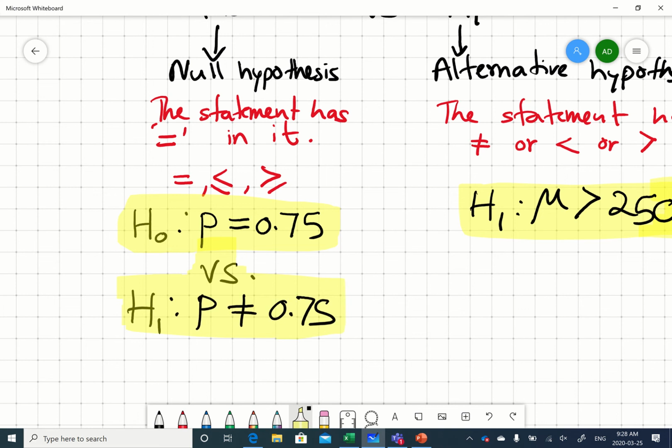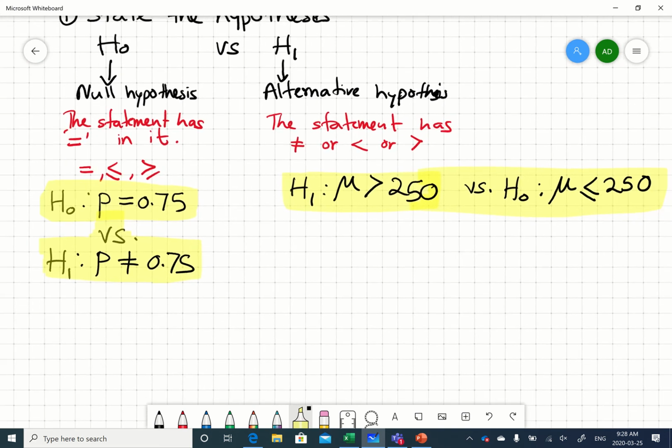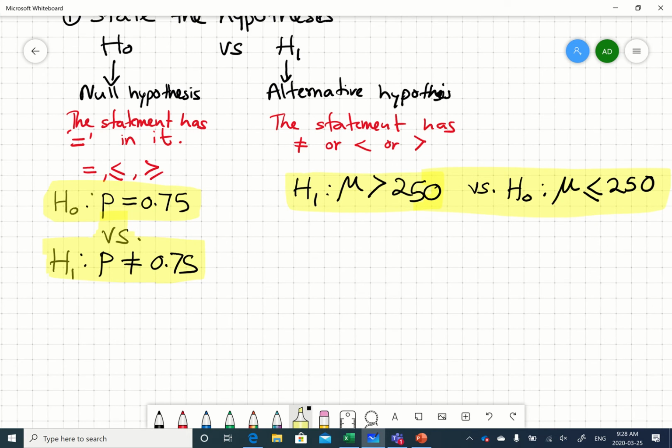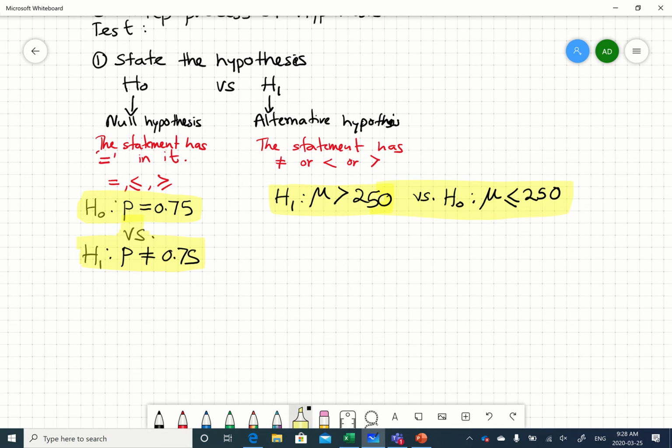this question. So you can see you have to build the two sides. Only one side will be given in the question. You have to identify whether it's H1 or H0, and based on that you have to build the other side of step one. So step one, once again, state the hypotheses H0 versus H1. To maintain consistency, we always start from H0. We always write down the null hypothesis first.